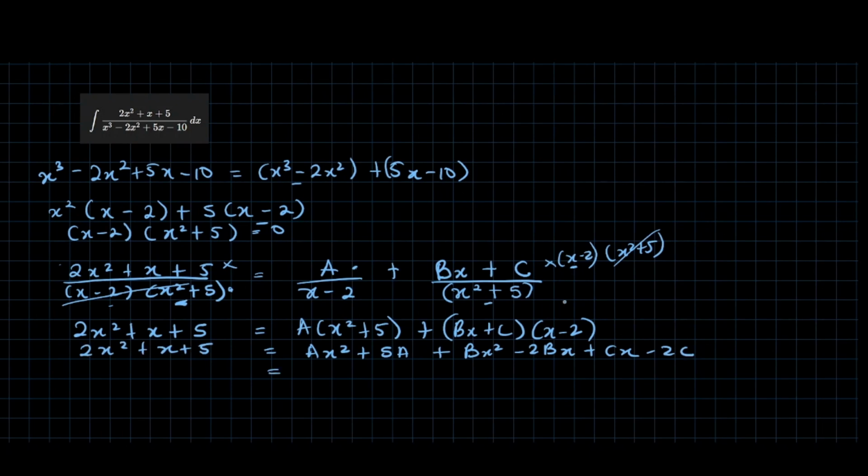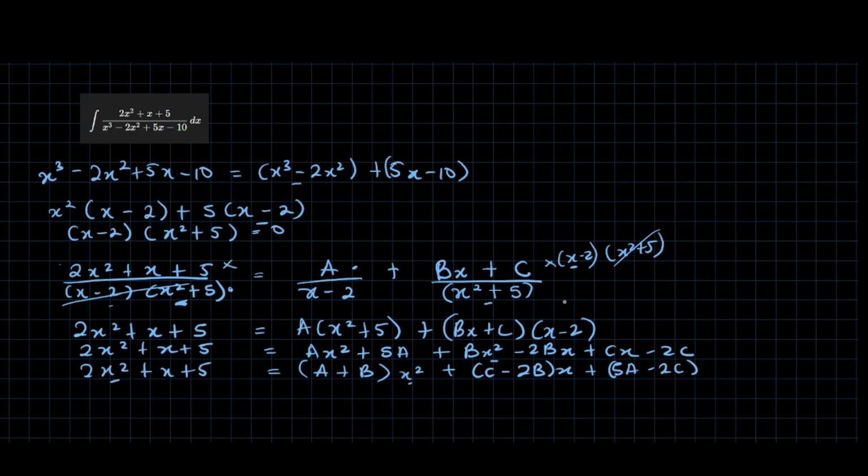Now we're going to factorize this, that is, pull together the common factors. So (A plus B) x squared, plus (C minus 2B) x, plus (5A minus 2C), which is the constant. Now we're going to do what we call comparing coefficients.